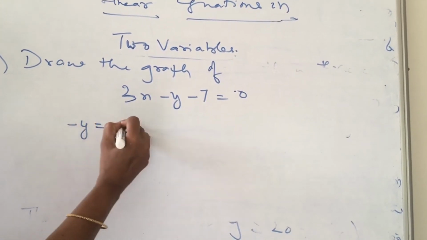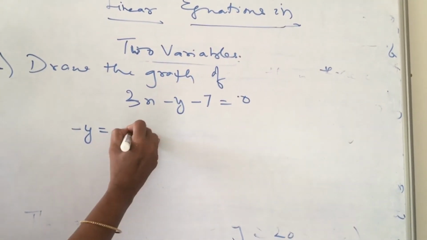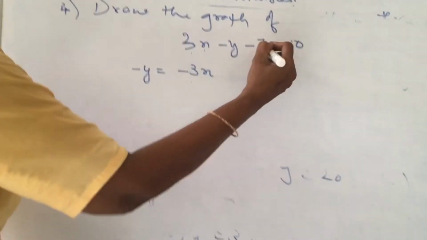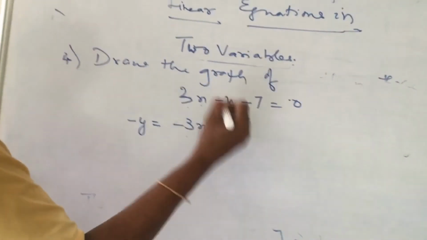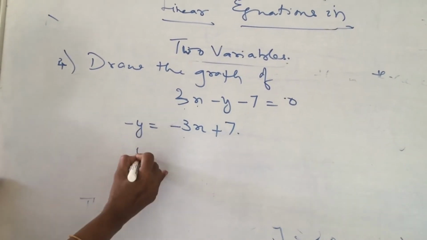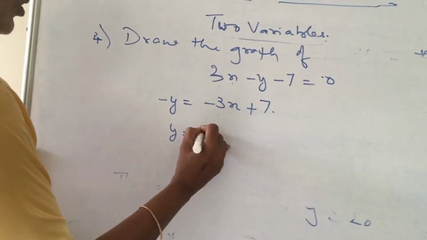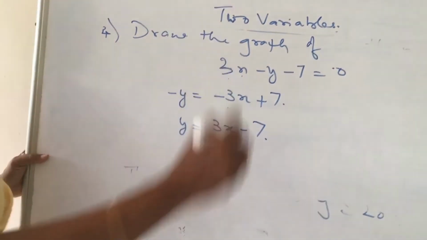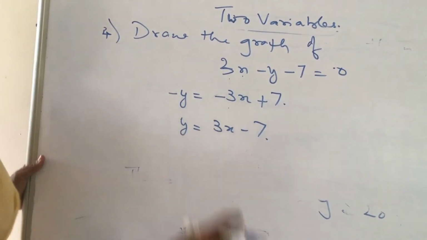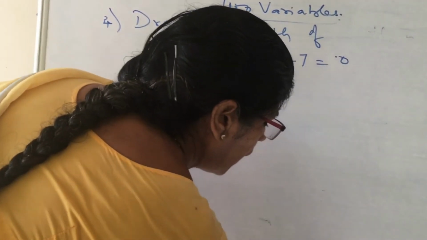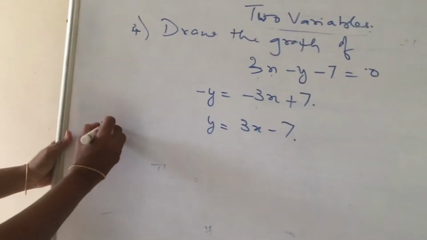Y terms on left side, the remaining terms should go to right side. 3x when it goes to right, minus 7 when it goes becomes plus. When y is negative, children, remember to change the signs throughout. Now you can give any values according to your choice, children.